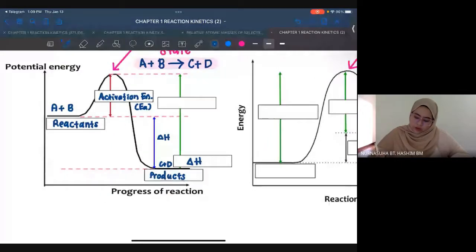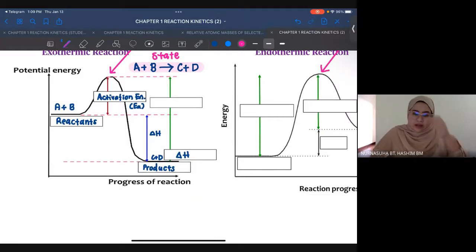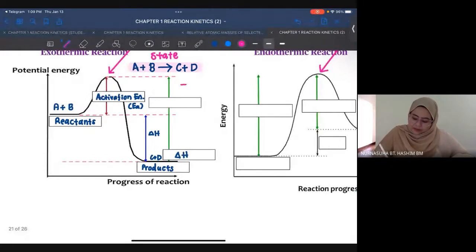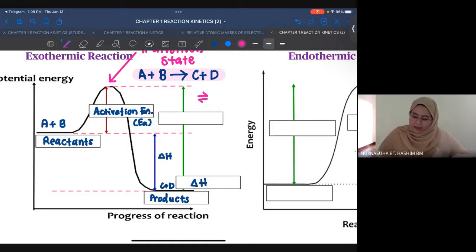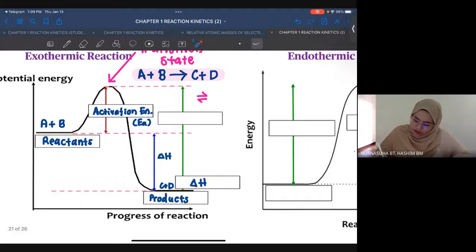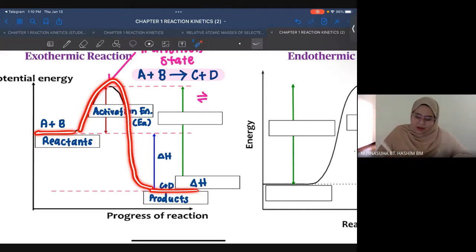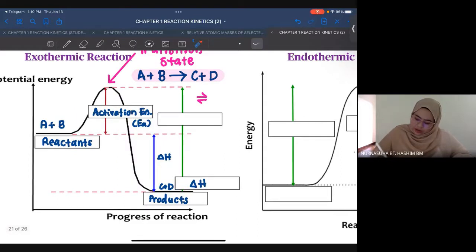Okay, so now, next, before this, we learned that a reaction is not necessarily one way. Sometimes there are reactions that are reversible. So it means product can become reactant. So if product wants to become reactant, look here. If the product wants to go back to reactant again, it must jump. It must have this much energy, from here to here.